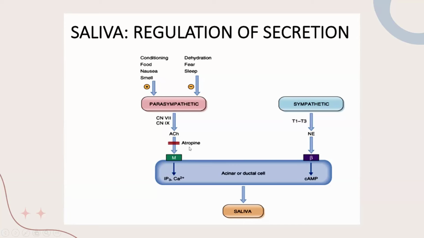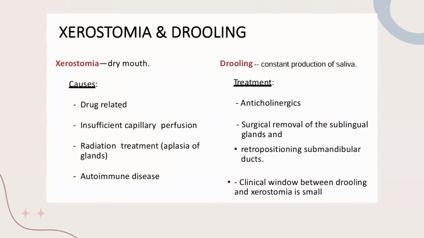Atropine can be a reason for xerostomia, but also any drug that has the same mechanism as atropine can be used to actually treat drooling. So you can say they're kind of opposites in treatment, even in symptoms. What treats this can be the cause of this, if you get what I mean.